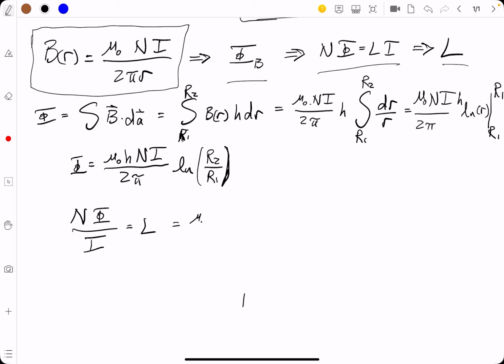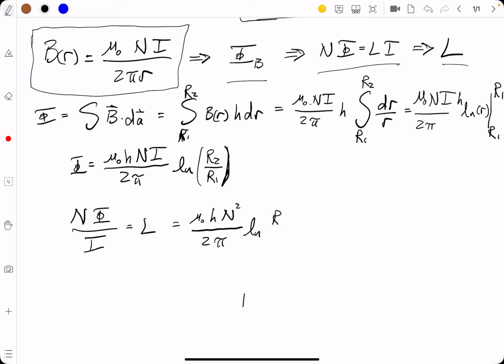So our L is equal to mu naught h N squared. I goes away. We've got 2 pi on the bottom. I'm just checking my notes to make sure I got this all written correctly. Yep, that's it.